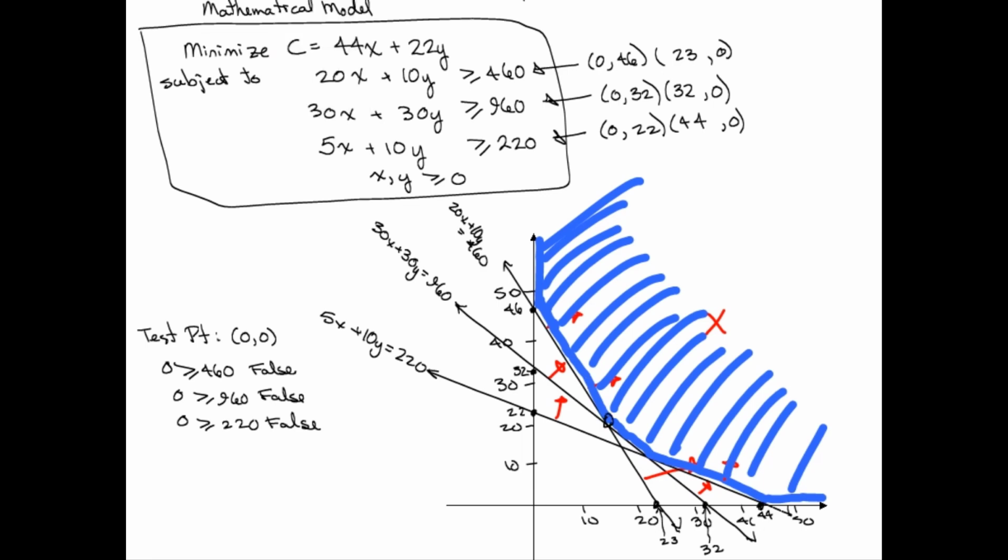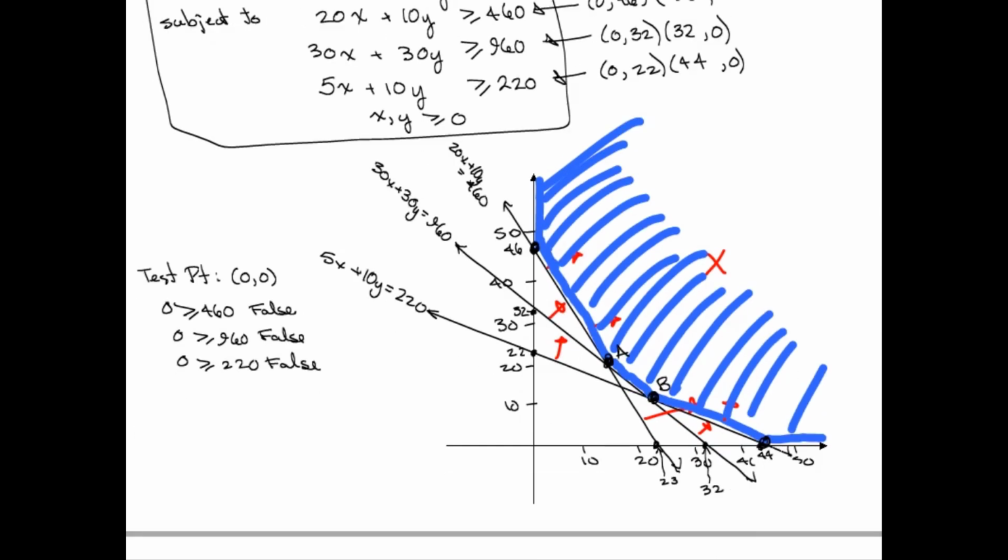So what do I have for corner points? Here's one corner point, here's a corner point, here's a corner point, here's a corner point. So we have 4 corner points. 2 of those we can just pull right off of the graph. The other 2 we're going to have to do some work on. Let's call these 2 A and B.